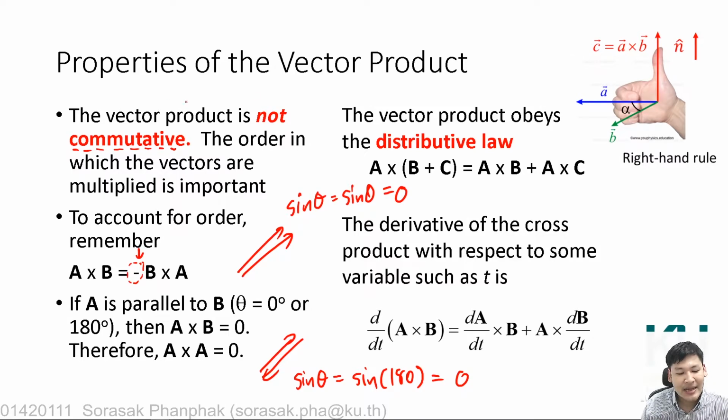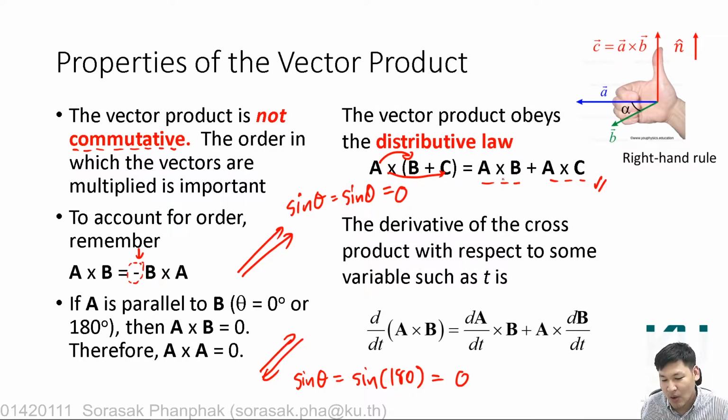Not only can you not do commutative, since the order change has an effect, but you can do distributive, like you distribute the quantity that's multiplied out. For example, A cross the bracket B plus C, you can have A cross B plus A cross C, like this.